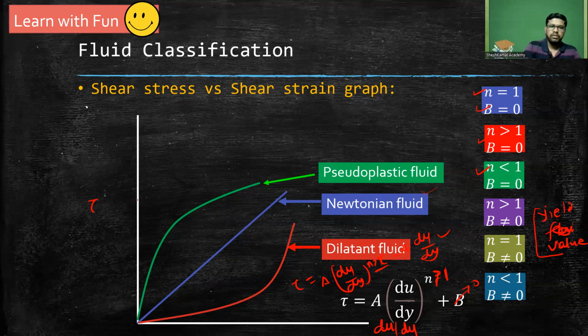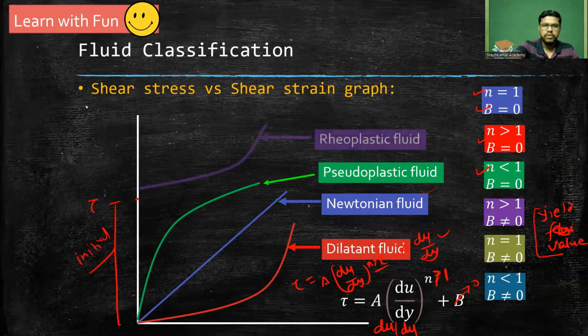So the fluid behavior starts from here because the fluid has some initial shear stress. Now see the representation for such a fluid. We call it a rheoplastic fluid, and this rheoplastic fluid is a time dependent fluid whose viscosity decreases with time. So till now we have completed these four representations of non-Newtonian fluid.